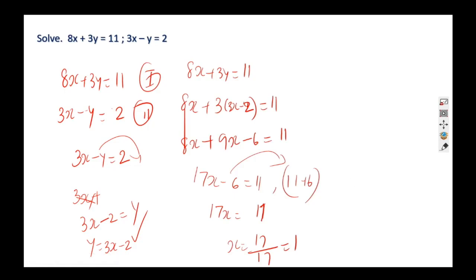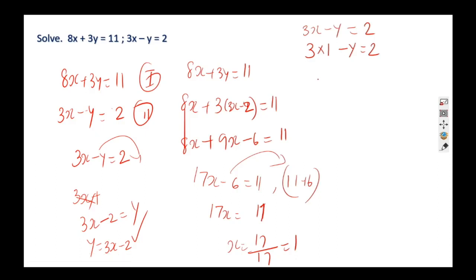Why can't we substitute that in the other equation? 3 into 1, which is x, minus y is equal to 2. Because the equation is 3x minus y is equal to 2, our second equation. Substitute the value of x in that.